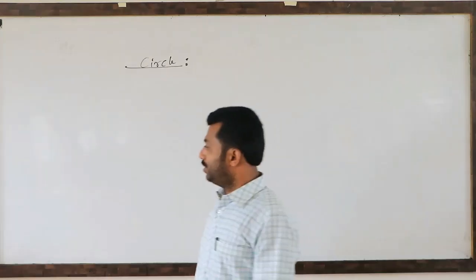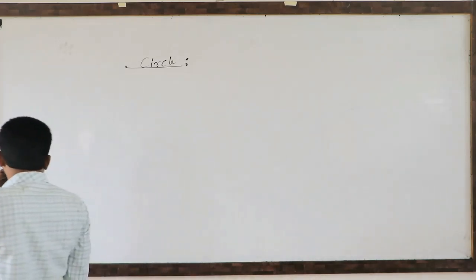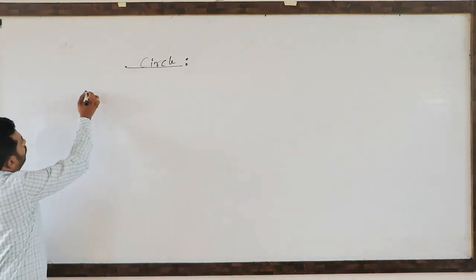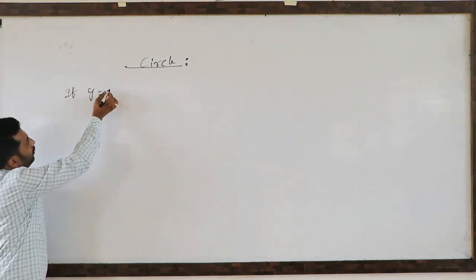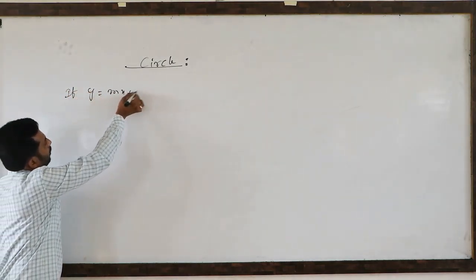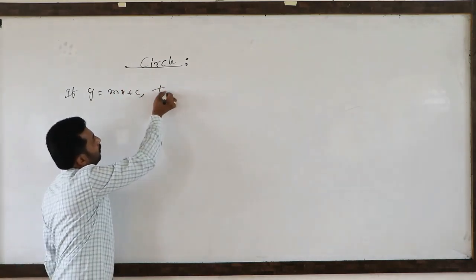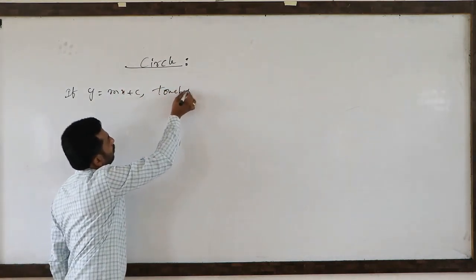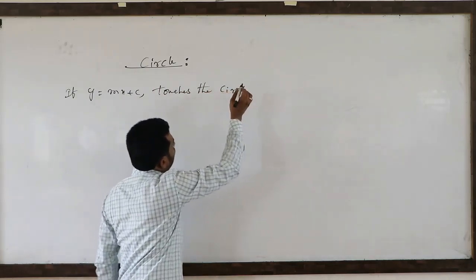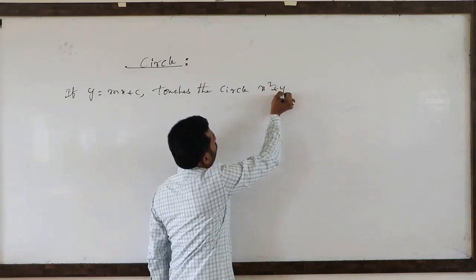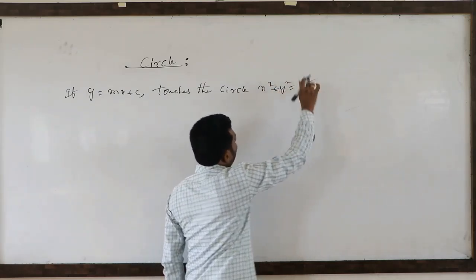Okay. So now the concept you observe. One line I am taking, y equal to mx plus c, touches the circle x square plus y square equal to a square, the standard form.